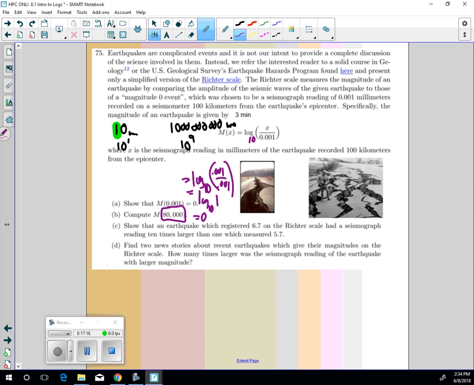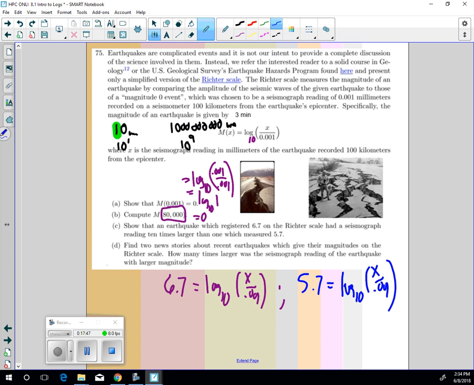It says show that an earthquake registering 6.7 equals log base 10 x over 0.001 is 10 times greater than the measurement of 5.7. So here's 5.7 equal log base 10 x over 0.001.